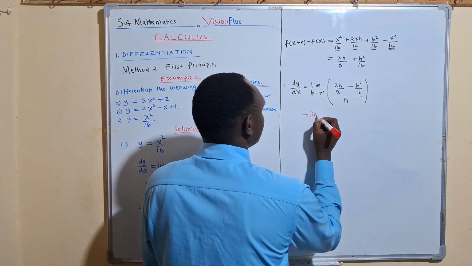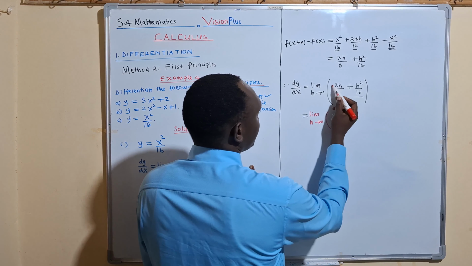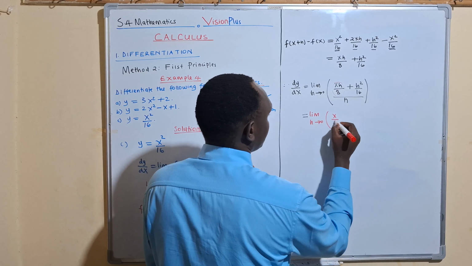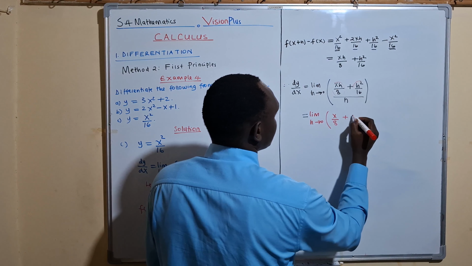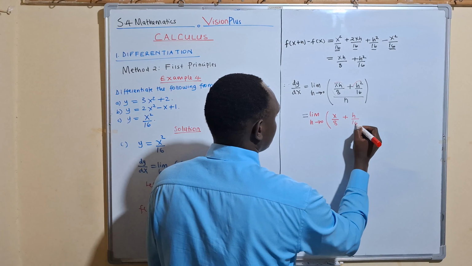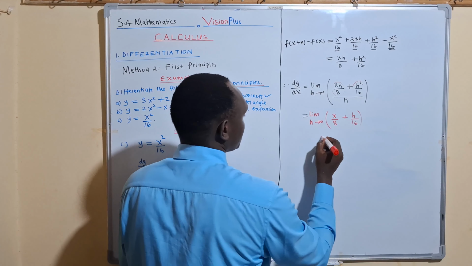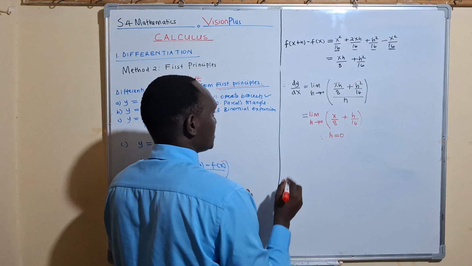So we shall have the limit as h tends to 0. If we divide this term by h, it gives us x over 8 plus, if we divide this term by h, it gives us h over 16. Yes. So from here now we say therefore we shall turn h to 0. We shall substitute h as 0.